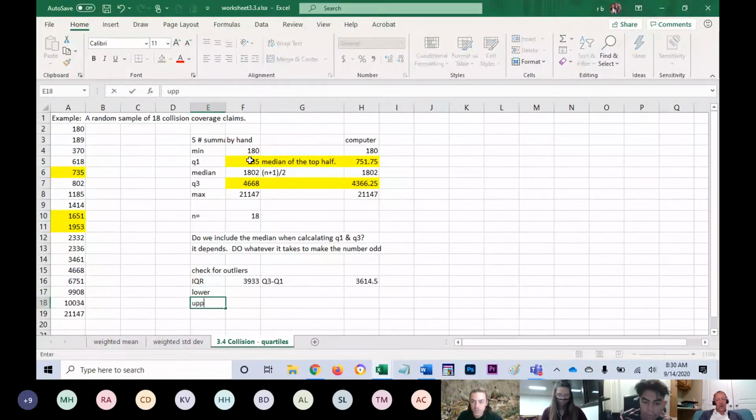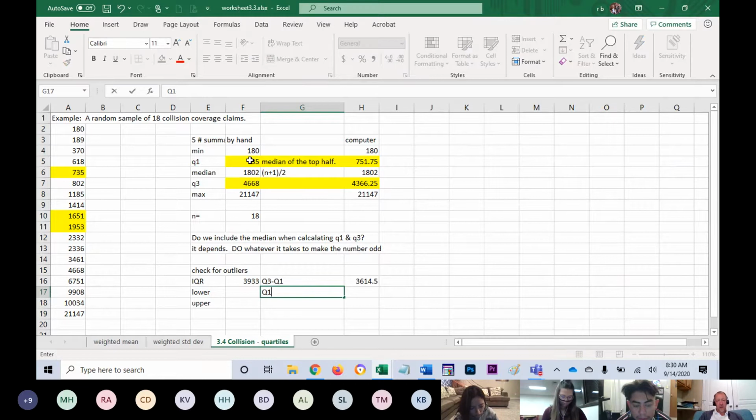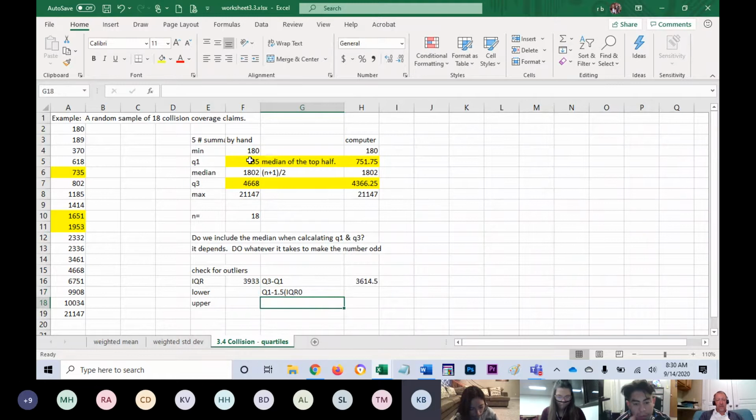I have a lower one, we're going to have an upper. The lower is Q1 minus 1.5 times the IQR. And do you remember the other one? It's Q3 plus 1.5 times IQR.